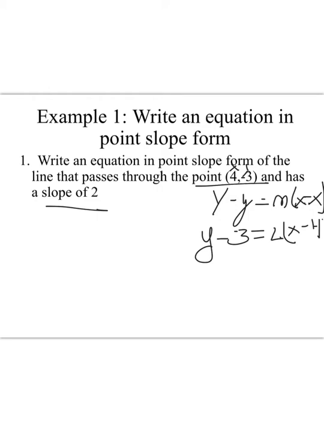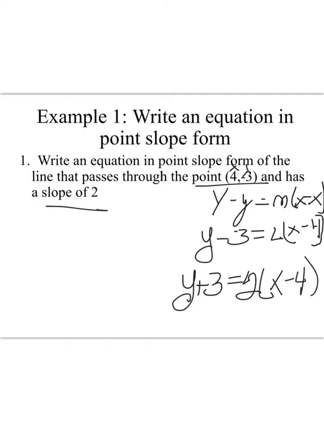And then we're going to close the parenthesis. You'll notice that over here with the y, it's minus a negative. We're going to rewrite that nice and neatly as a positive. So y plus 3 equals 2 times x minus 4.